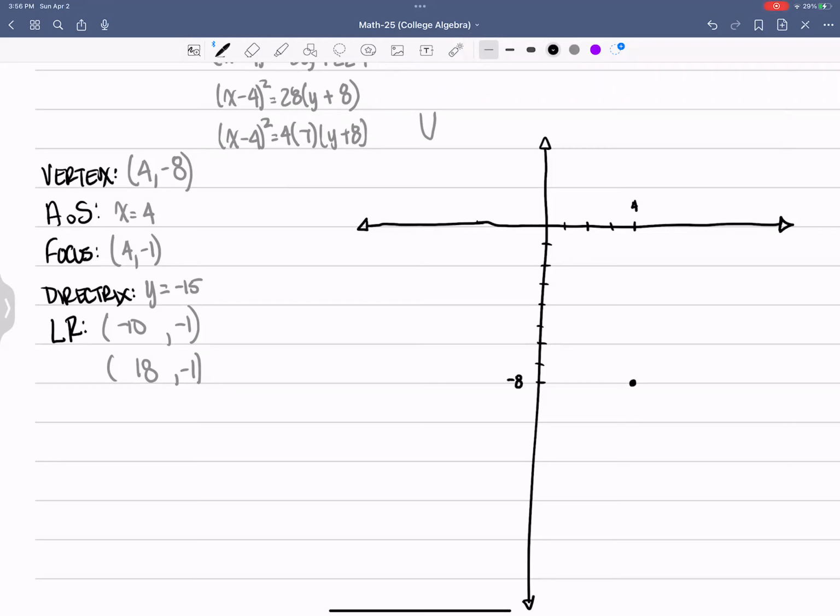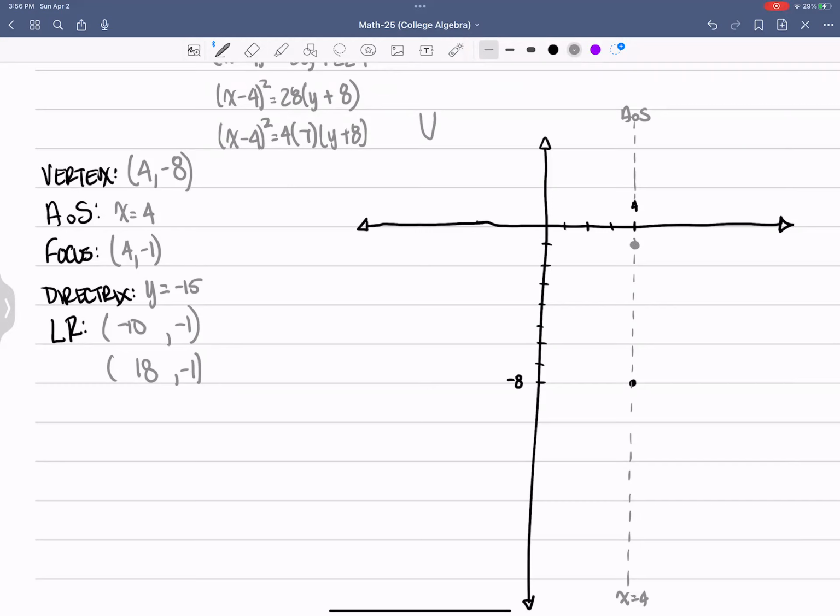There's that. We have our axis of symmetry here at x equals 4. And next we have a focus at 4, negative 1. And we have a directrix at y equals negative 15.